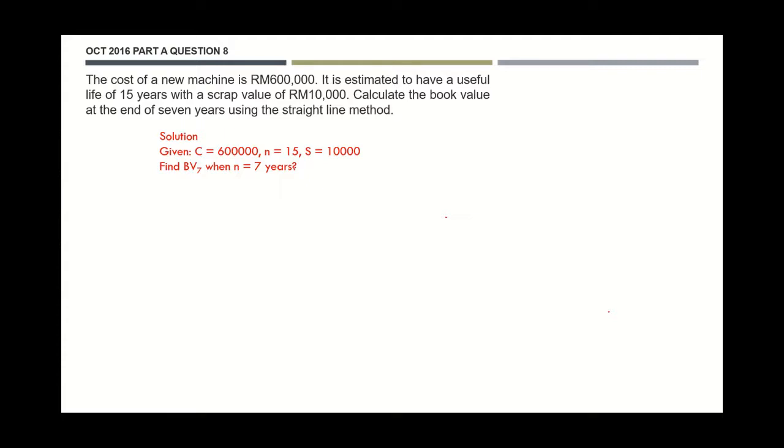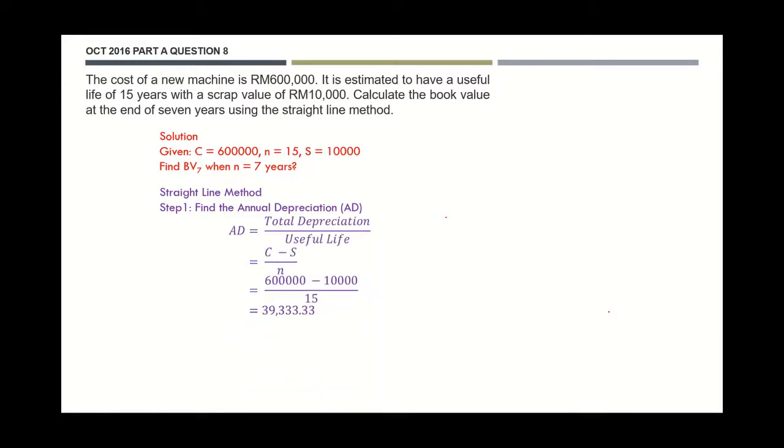So using the similar procedures that we have just discussed, the first step is to find the annual depreciation. Using the same method, annual depreciation can be found by the total depreciation divided by the useful life.